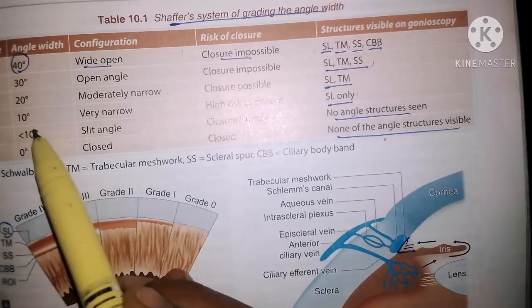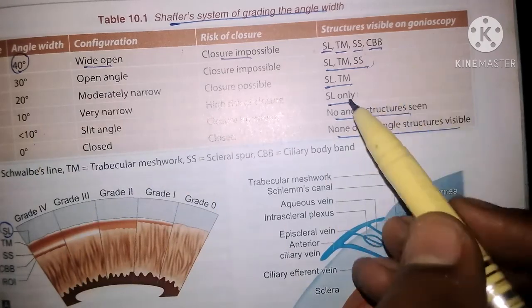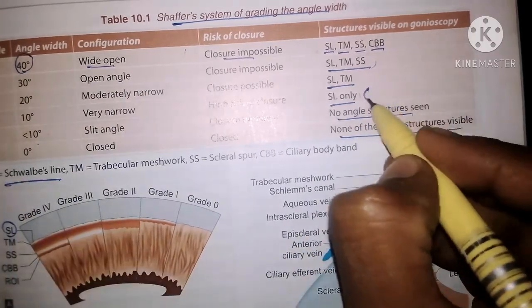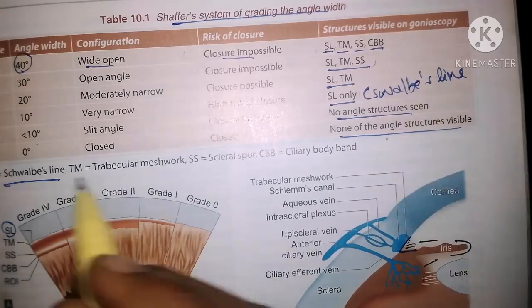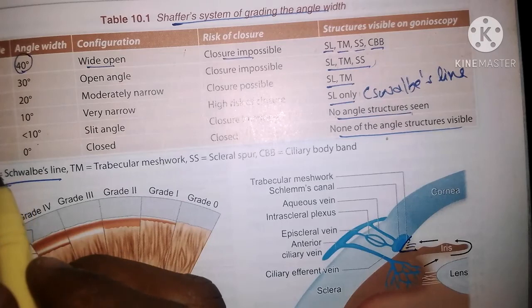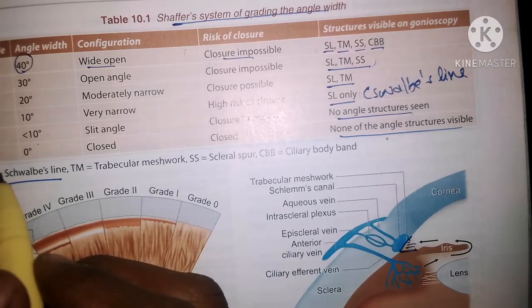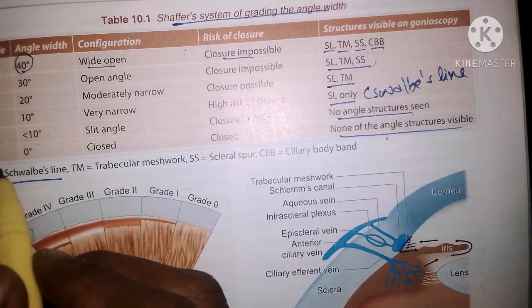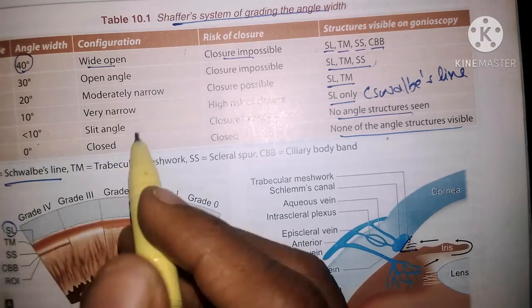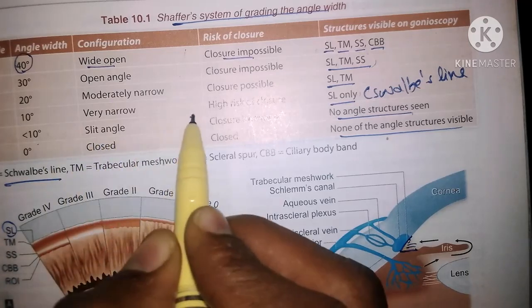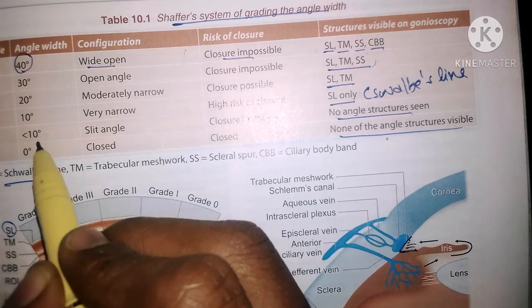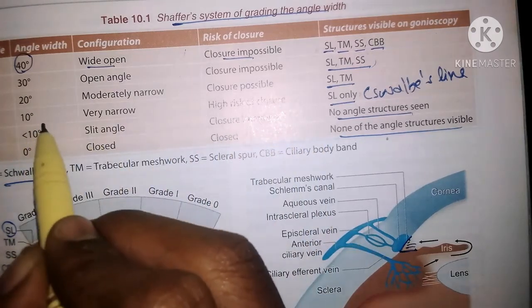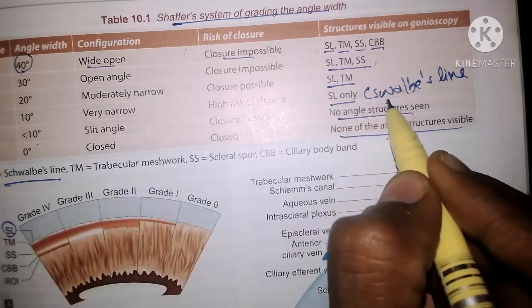If the angle is 10, then we can see only Schwalbe's line. What we have to understand here is, for us to see the structures in the anterior chamber, the minimum angle should be 10.